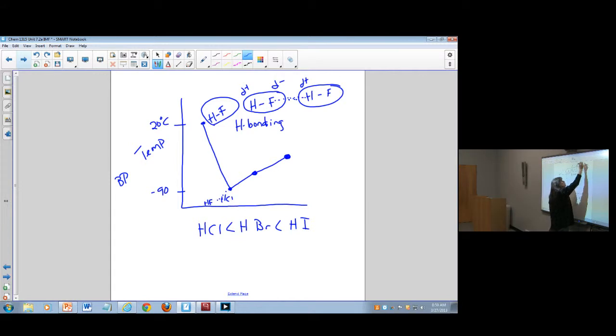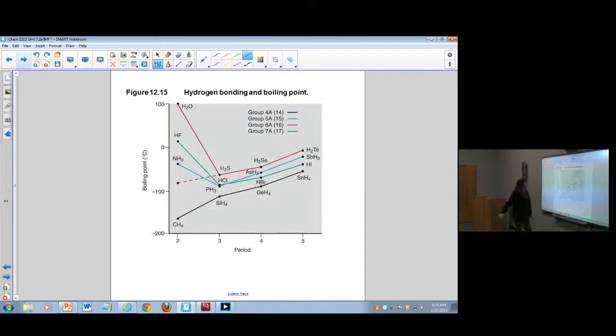The molecule has partially positive and partially negative ends, so it's polar, and it also participates in hydrogen bonding. So we can see the same kind of pattern here. Here are the ones we just did, HCl, HBr, HI, increasing because they're bigger, so they have more and stronger forces.